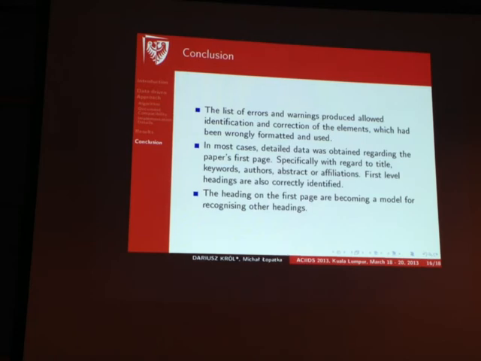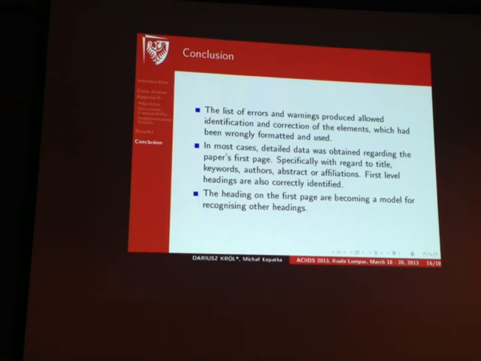So it could even be reformatted automatically. This is the idea, that we got the wrongly formatted paper and we built a program, an application, to reformat the wrongly formatted paper to the right one in an automatic way.